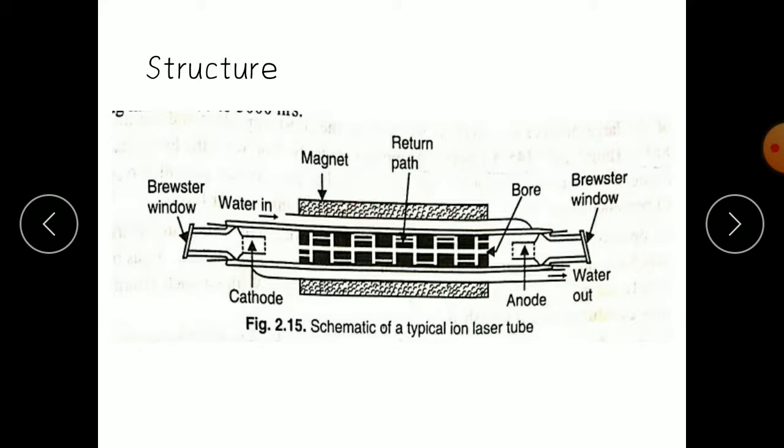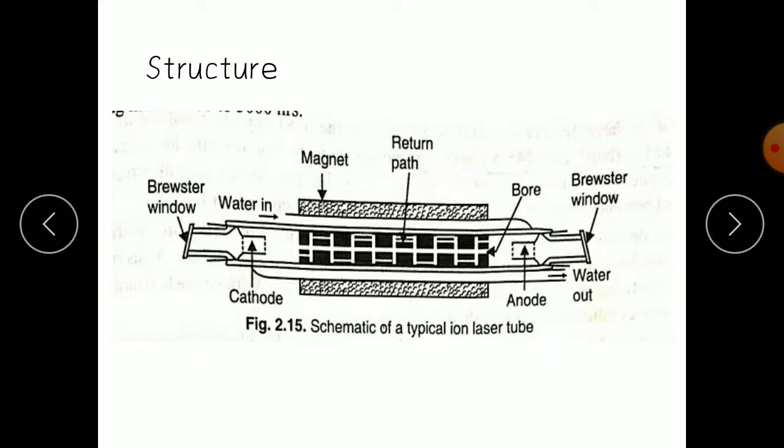The magnet confines the argon ions here, which increases the ions in this region. This is a return path. Why such an arrangement is here, we will see later in the working of the argon laser. So this is the structure.